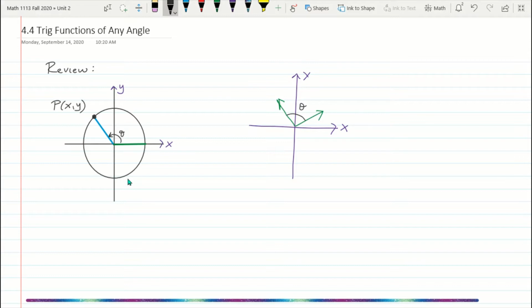So that would not be considered standard position, as compared to what we have on the left side. Okay, so that's something to keep in mind. So whenever we talk about standard position, you know what it means. Okay, so that is my quick recap of some of the things that we really need to be aware of.